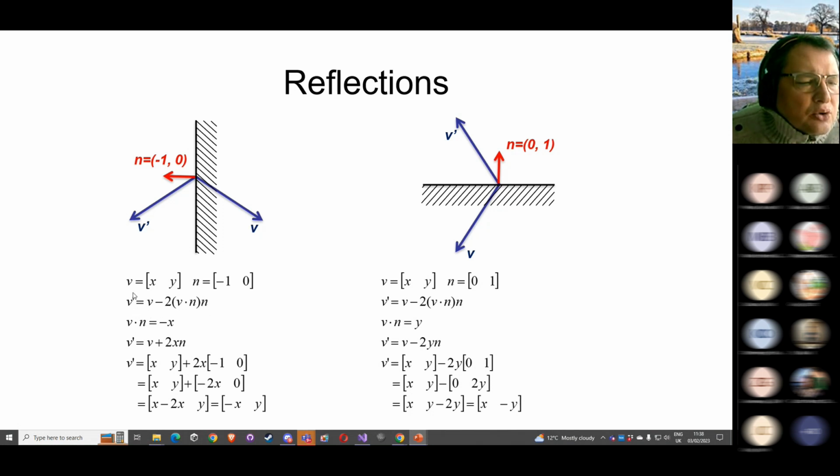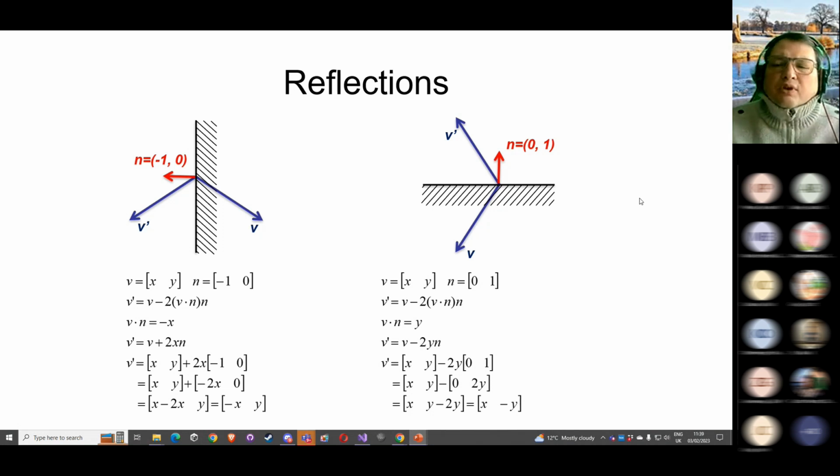Doing all the calculations, which I will not follow here, but you could, and I will recommend to do it before the test, which will be after reading week, we may revisit this example next week. If you do all your calculations, you will find out negative x and y is the solution for this case, and x negative y is the solution for this case.